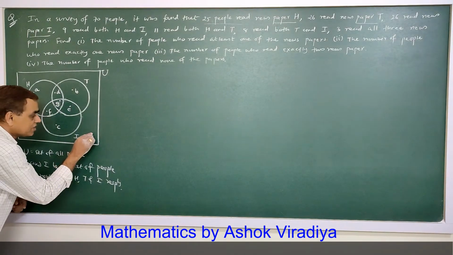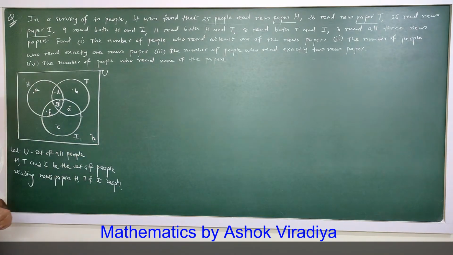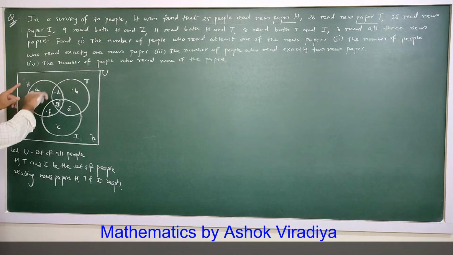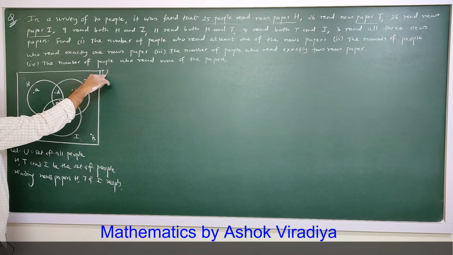And H is the number of people reading none of the papers, not included in any set. And the sum of all numbers is the number of people on which the survey has been done.